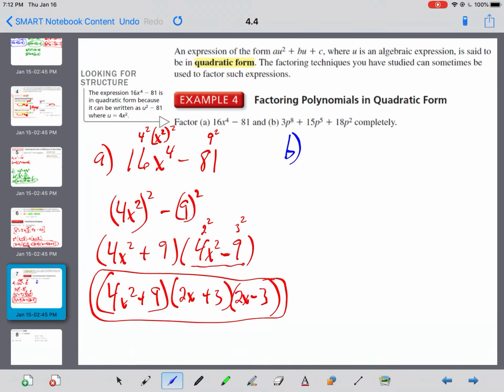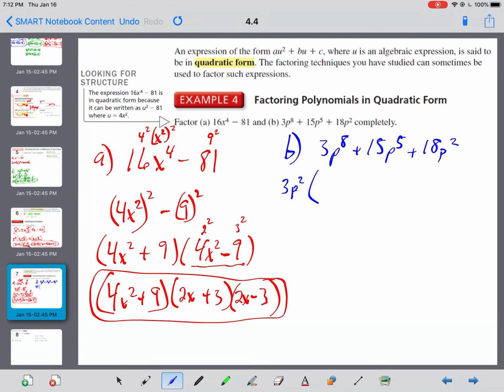Let's look at B. B for blue. We got 3p to the 8th plus 15p to the 5th plus 18p squared. Well, let's pull some stuff off of there. 3 goes into all of them. P squared goes into all of them.